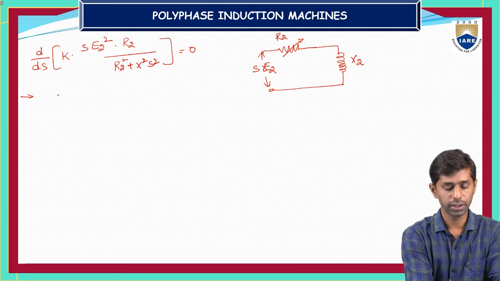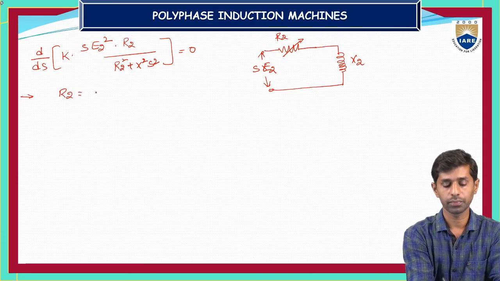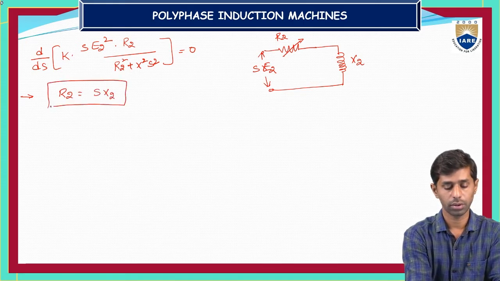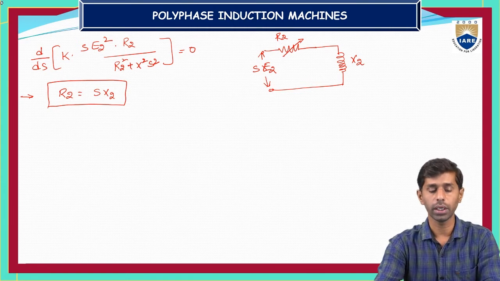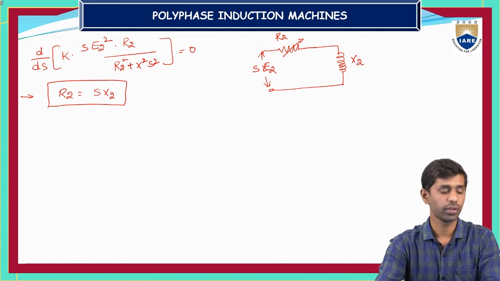By differentiating this expression, we will get R2 equal to slip times X2.